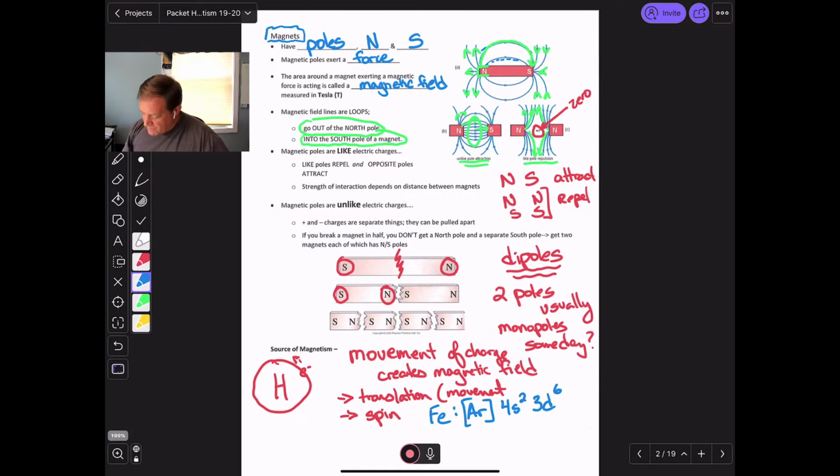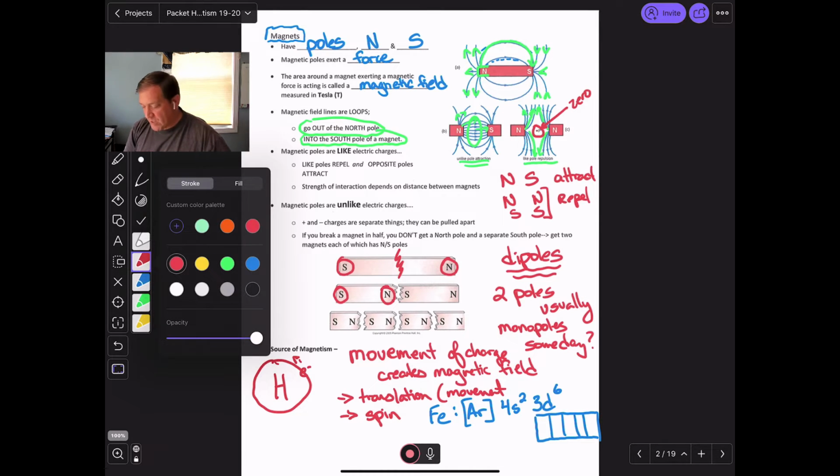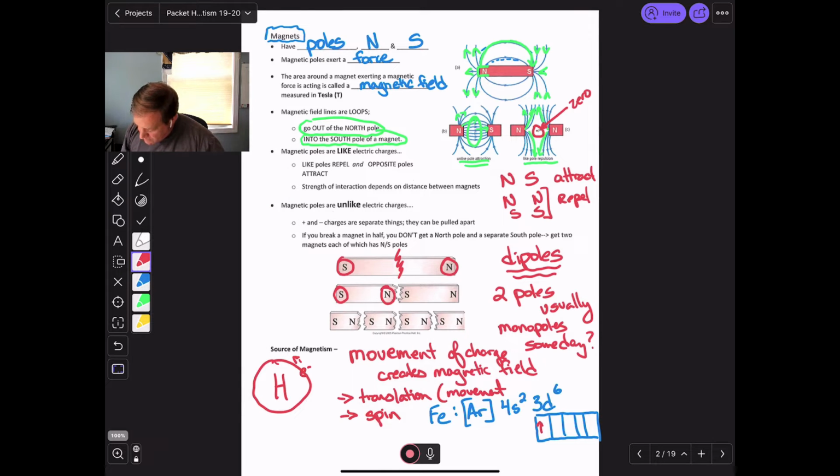3d6. But if some of you remember, the way that a d sublevel works is there's room for 5 orbitals. Orbitals are kind of like the smallest address or the most detailed address for an electron. So it's somewhere in the 3d sublevel, but then to get the 6 electrons, we have to put them in using the exclusion principle, right?